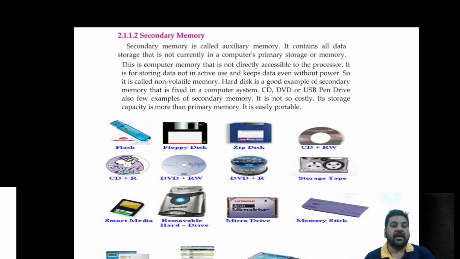So it is called non-volatile memory. Hard disk is a good example of secondary memory that is fixed in a computer system. CD, DVD or USB pen drive are also a few examples of secondary memory. It is not so costly. Its storage capacity is more than primary memory. It is easy and portable.